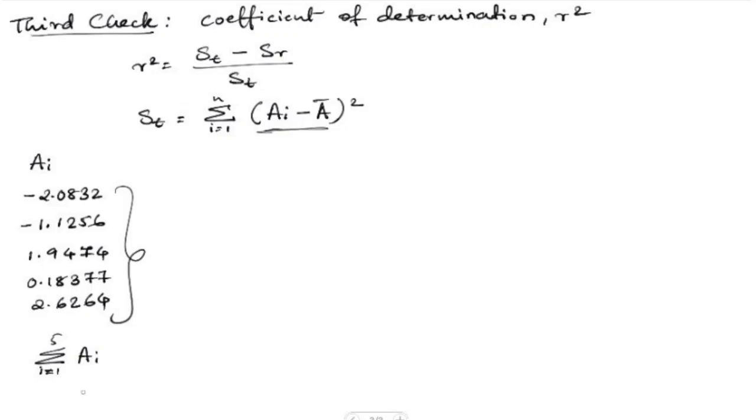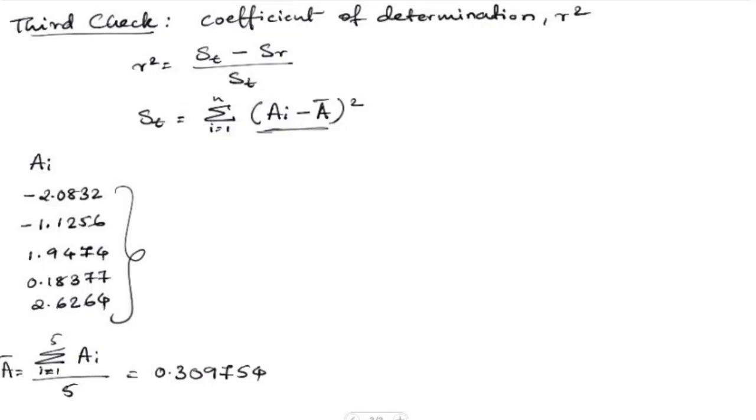So we sum them all up and we divide it by n, which is equal to 5, right? So that's the A mean or average, which is equal to 0.309754. Okay, I hope you're not confused with my 3 here.